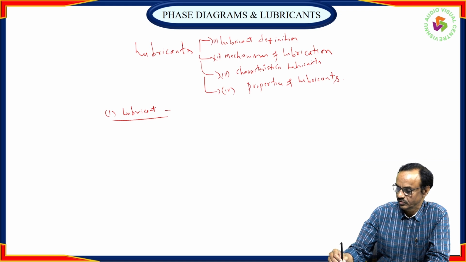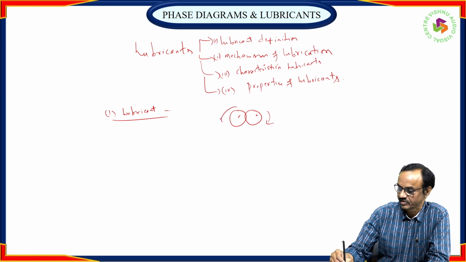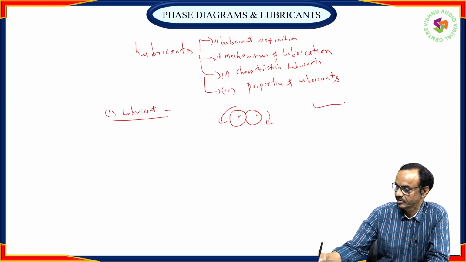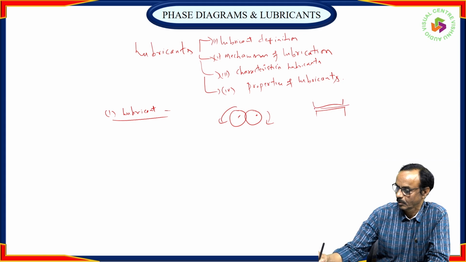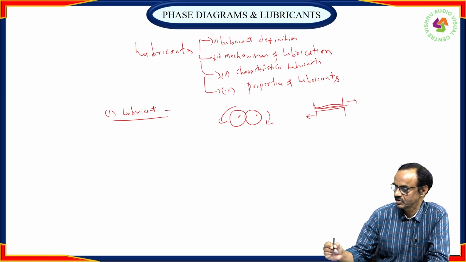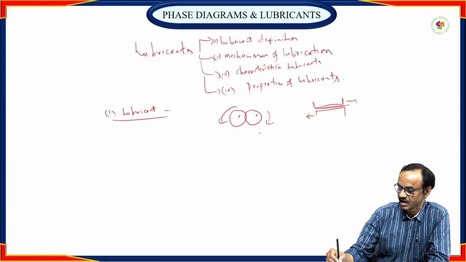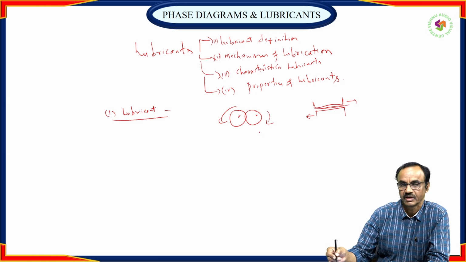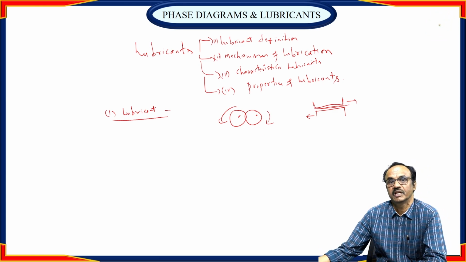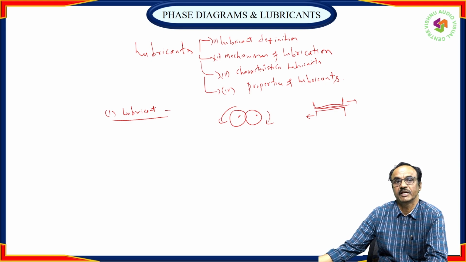When you introduce rotating surfaces, sliding surfaces, this rotates this side, this moves this side, this rotates anti-clockwise. We can observe this in machinery, clocks, light machinery, heavy machinery, rice mills.